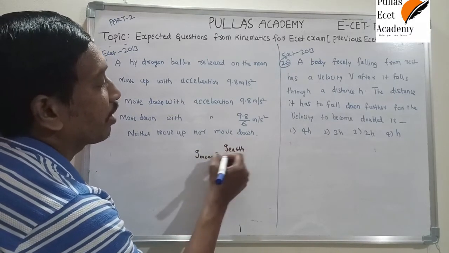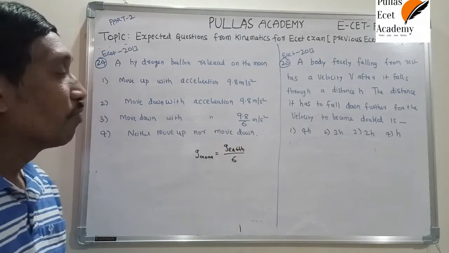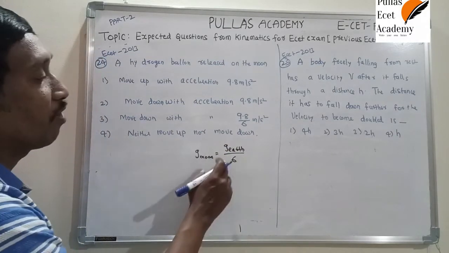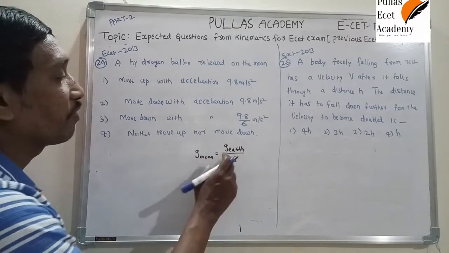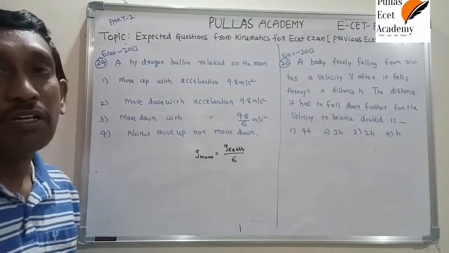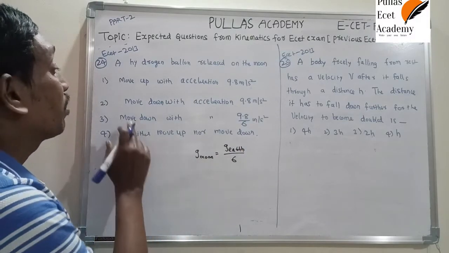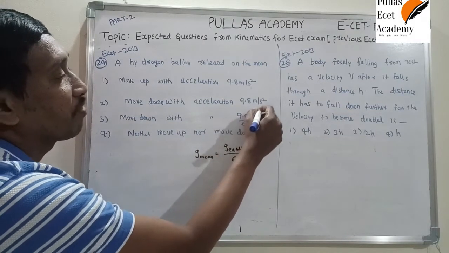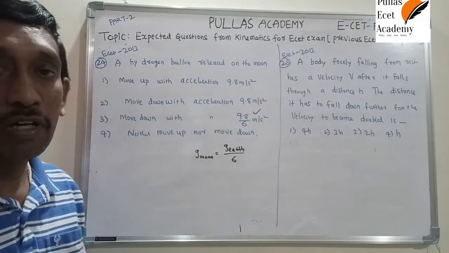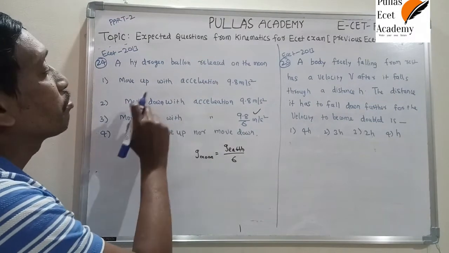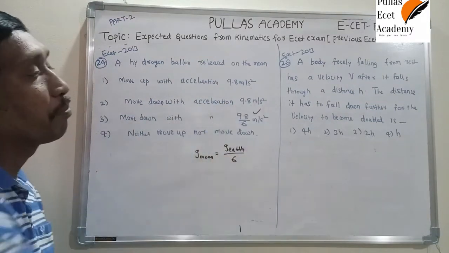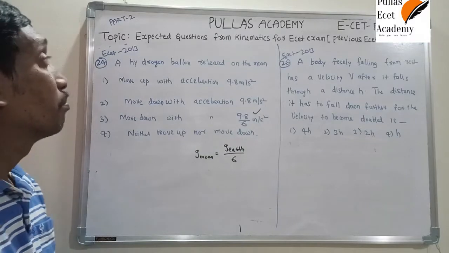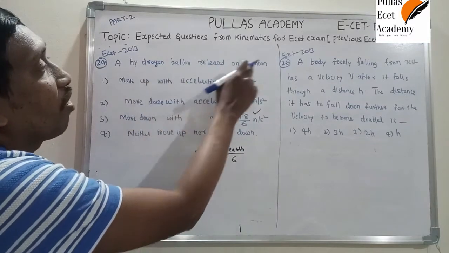So g earth by 6, okay? 1 by 6 of the acceleration due to gravity of the earth is similar to that on the moon. That's why it moves down with acceleration 9.8 by 6 meter per second square, which is correct. On the earth it moves down with acceleration 9.8 meter per second square, but here it is given on the moon.